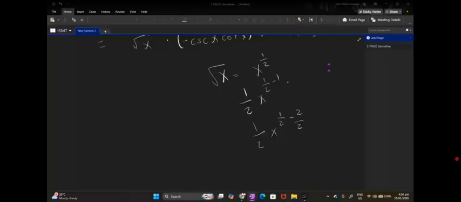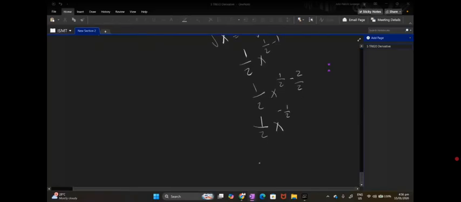Para mas madali natin siya masubtract, kasi same yung base natin. So it's 1 half minus 2 over 2, it's negative 1 half. It's 1 half x raised to negative 1 half.